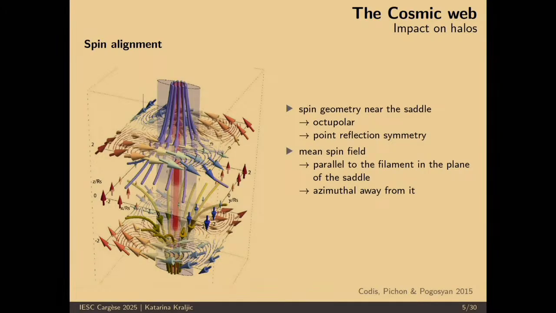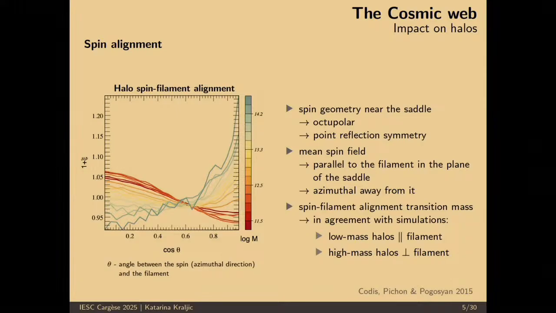And this depends on the mass. Again, the theory is able to predict that, and it's in agreement with the measurement in numerical simulations. And essentially, the thing to remember, and the consequence of all this, is that low mass halos are expected to have their angular momentum aligned with the filament, whereas the high mass halos tend to have their angular momentum perpendicular to the direction of the filament.